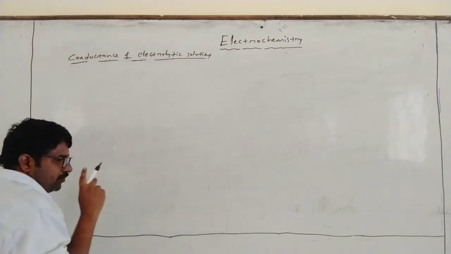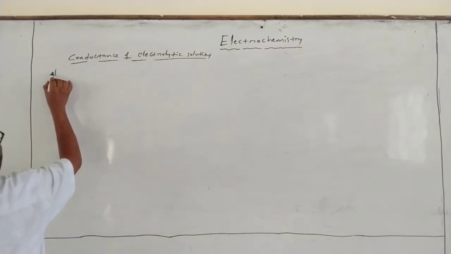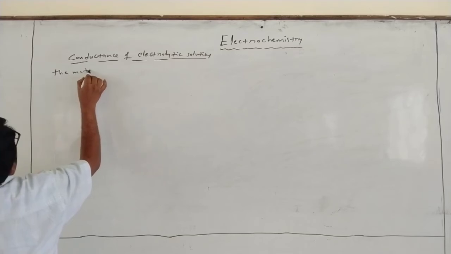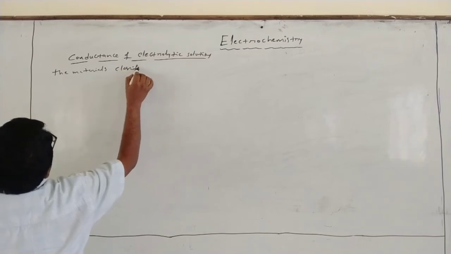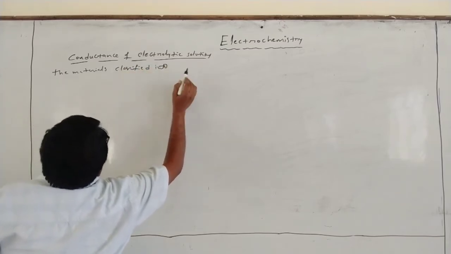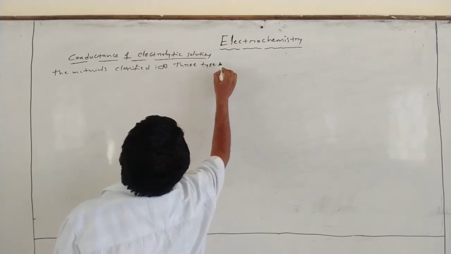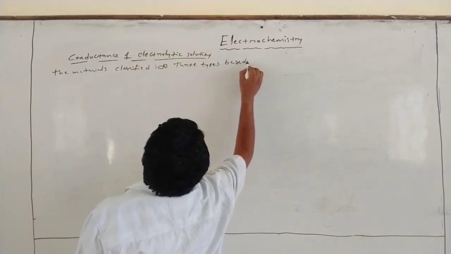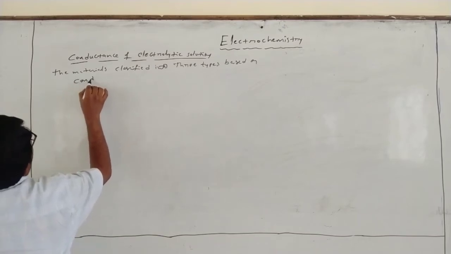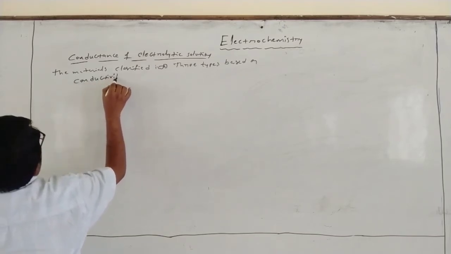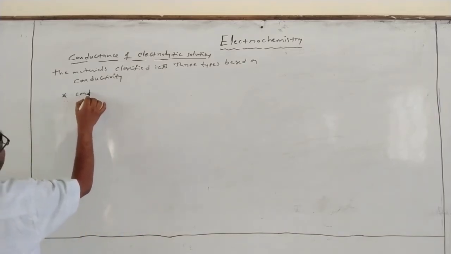So the materials can be classified into three types based on conductivity. First one is conductors.